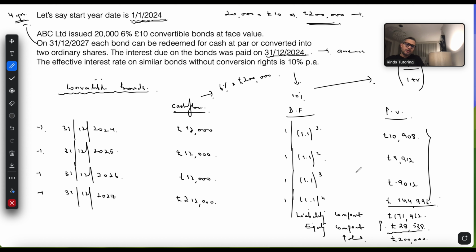So once you've done this table, all you need is the amortized cost method. Bring in your brought forward, bring in your interest, bring in the payment and bring in the carry forward.